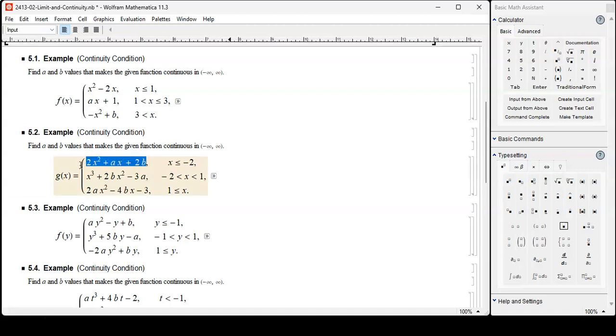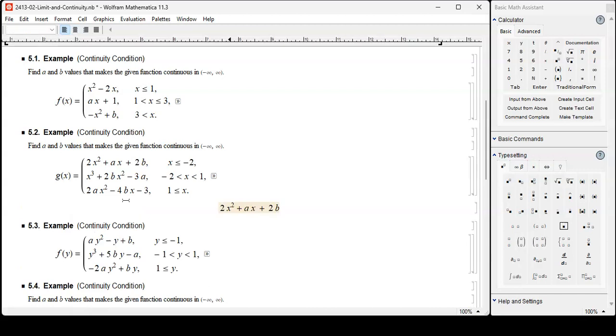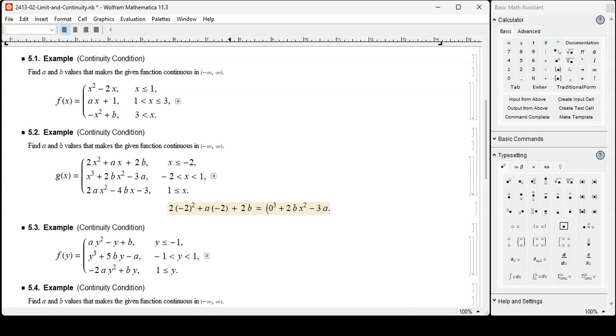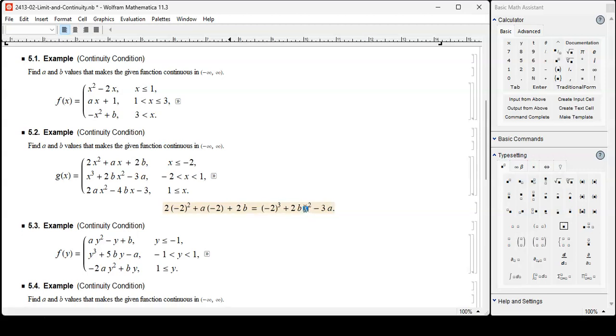So here, first line equals second line at x equal to negative 2. So plug negative 2 there, and then plug in negative 2 here. Okay, all right. That's for x equal to negative 2.